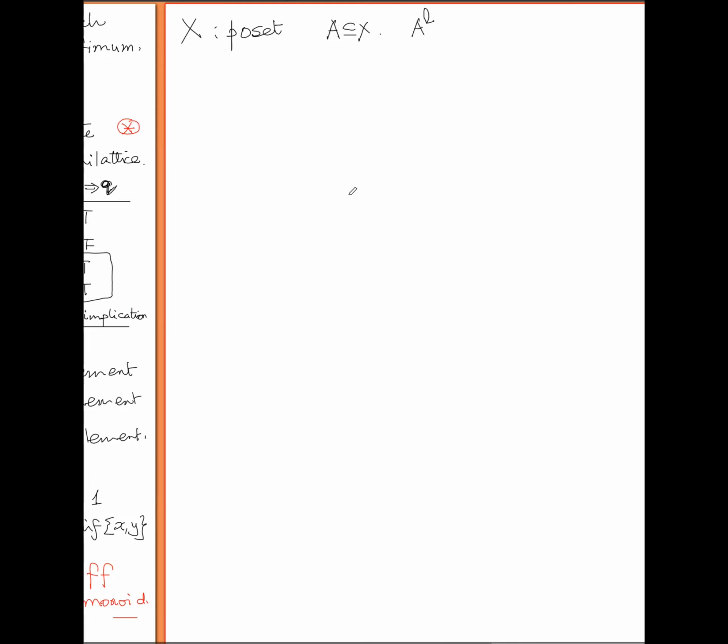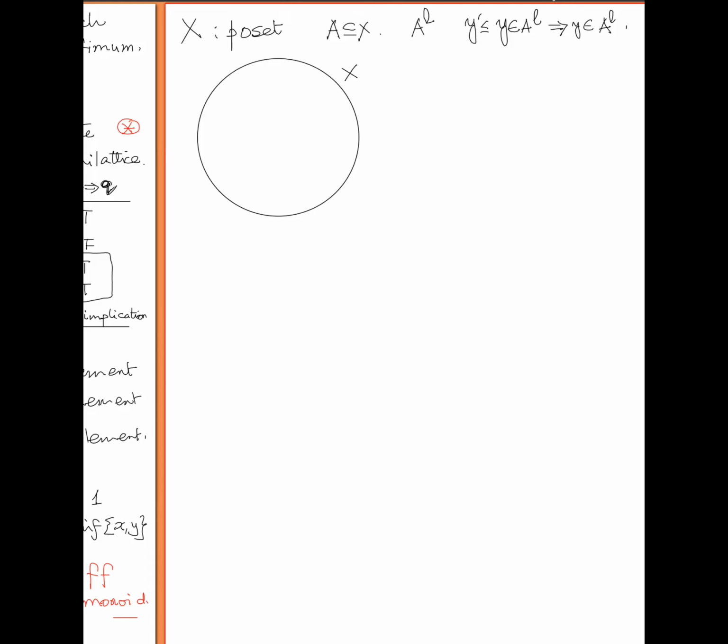As we have observed, if I have a member y here, and y prime is smaller than this, then y prime is also a lower bound. So the picture is like this, that you have a set.